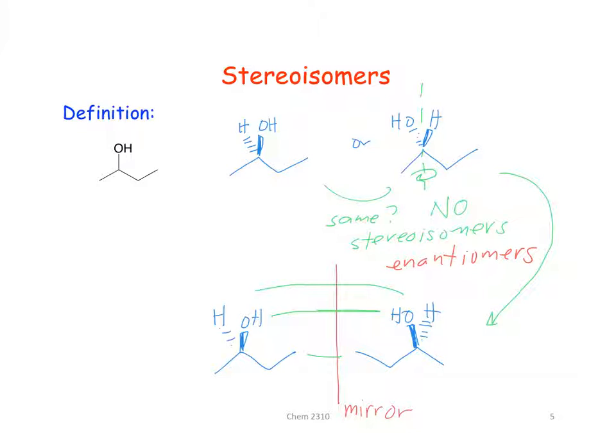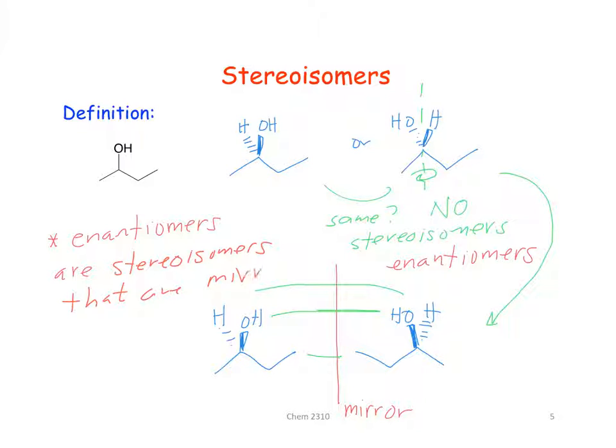Okay, so enantiomers are stereoisomers that are mirror images. Sometimes they call them non-superimposable mirror images. Okay?